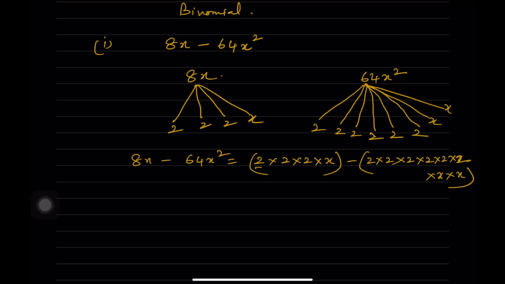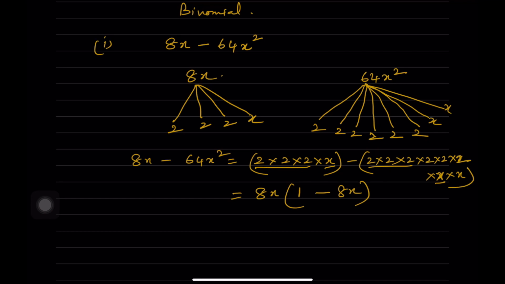You're having 3 2s here and here also 3 2s, 1 x and 1 x here. You're taking common. So it becomes 8x, and if I take out common, what is left over here? It is left with only 1 because all of them are taken outside. Minus, what is left over here? 2 2s are 4, 4 2s are 8, 8x. So the factors for 8x minus 64x square are 8x into 1 minus 8x.